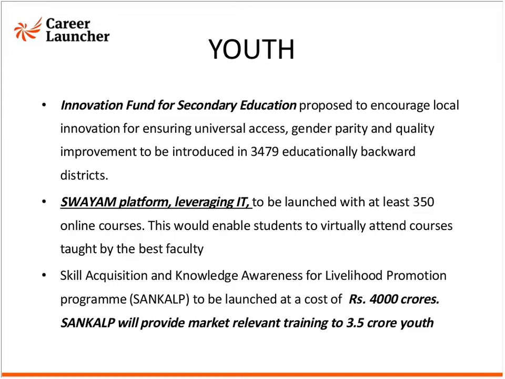So here you will provide them with skills, you will provide them with knowledge, and these are essentially going to be basic livelihood knowledge about basic livelihood things. So you've set aside 4,000 crores for Sankalp because you want to provide training, and they intend to cover 3.5 crore youth population of India. This will essentially help them improve employment as well, right?